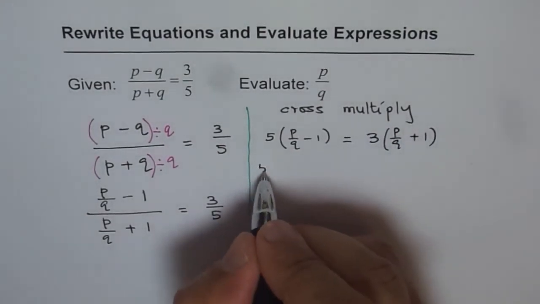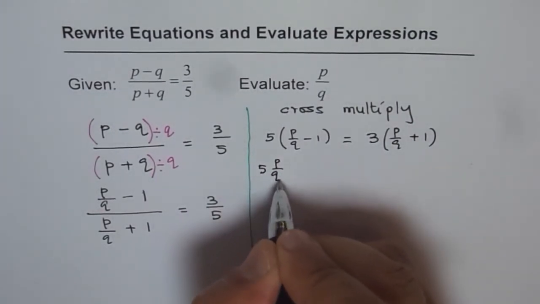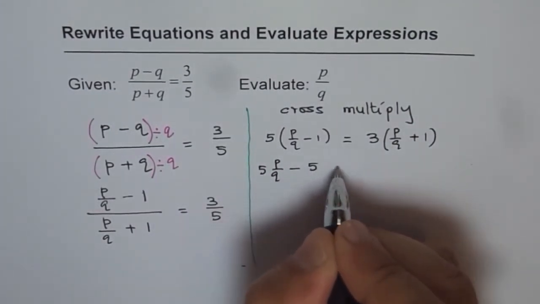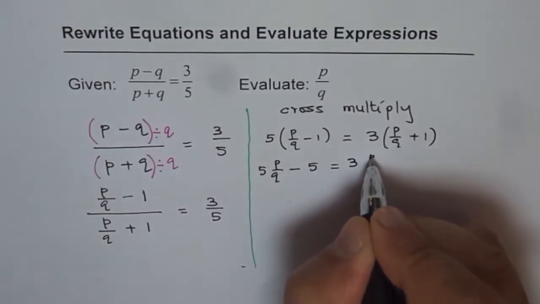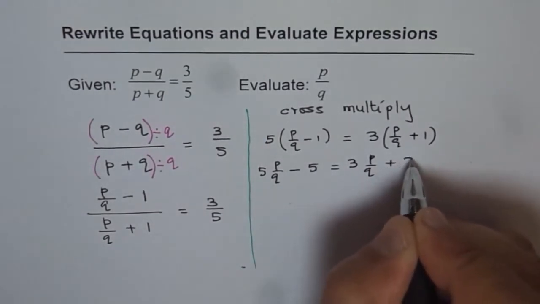So we can write this as 5 times p over q minus 5 equals 3 times p over q plus 3.